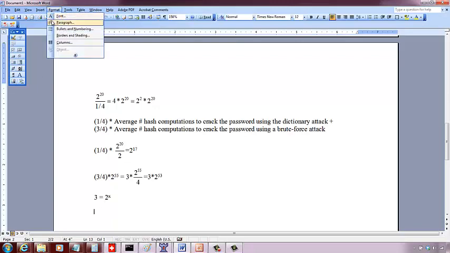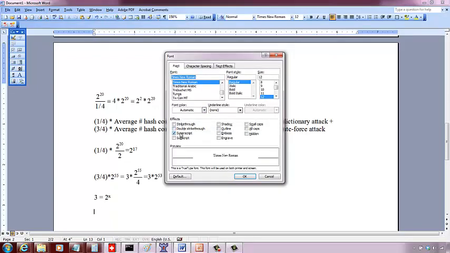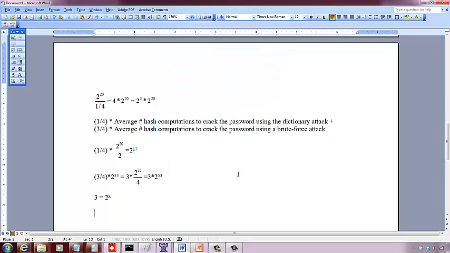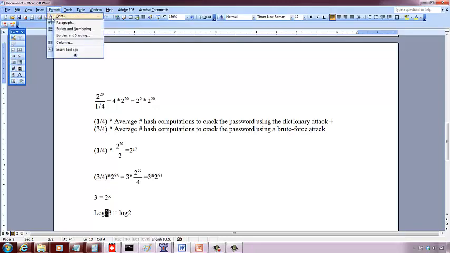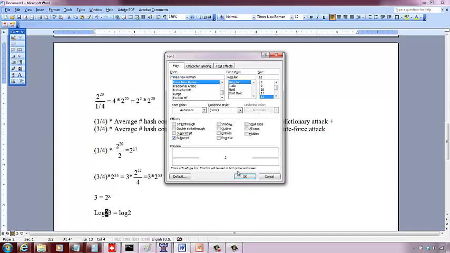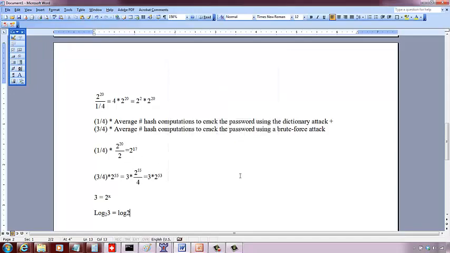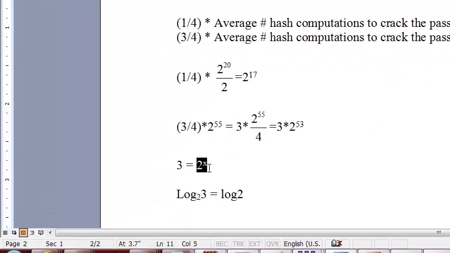Right, so now if you know logarithms, we'll take log to the base 2 on both sides. Okay, so we get something like this. So this is to the base 2, and log to the base 2 for what?